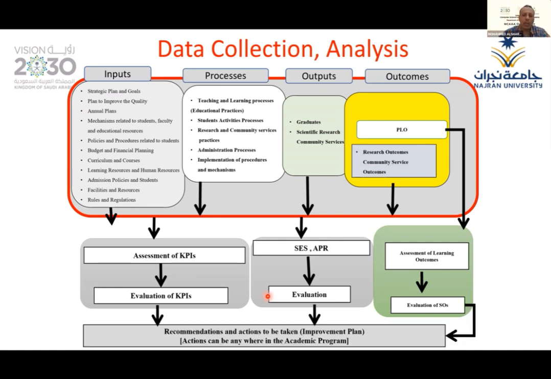Then we do the analysis, evaluation, and assessment, we have recommendations, we close the loop, we implement our improvement. Alhamdulillah, we close the loop, but sometimes we are late in doing that, but at least we close the loop. And this is the good thing in quality. Quality without closing the loop is nothing.